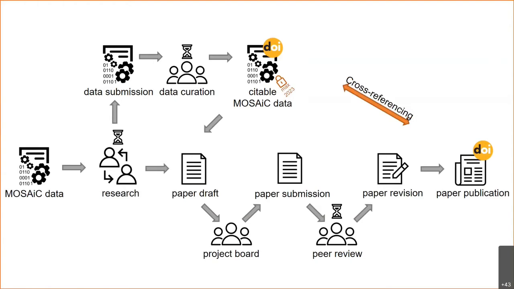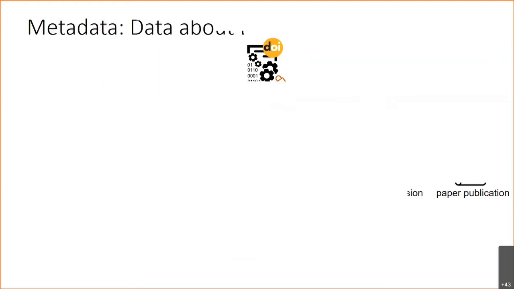But at the same time, we can then guarantee that the cross-referencing between the manuscript and the data set can be done at the end. When you get your proofs, you can add the final citation of the data set to the manuscript references. So this doesn't mean that data sets need to always be connected to a paper. It is also possible, of course, to publish data as a standalone entity. It doesn't have to be in connection with a paper.